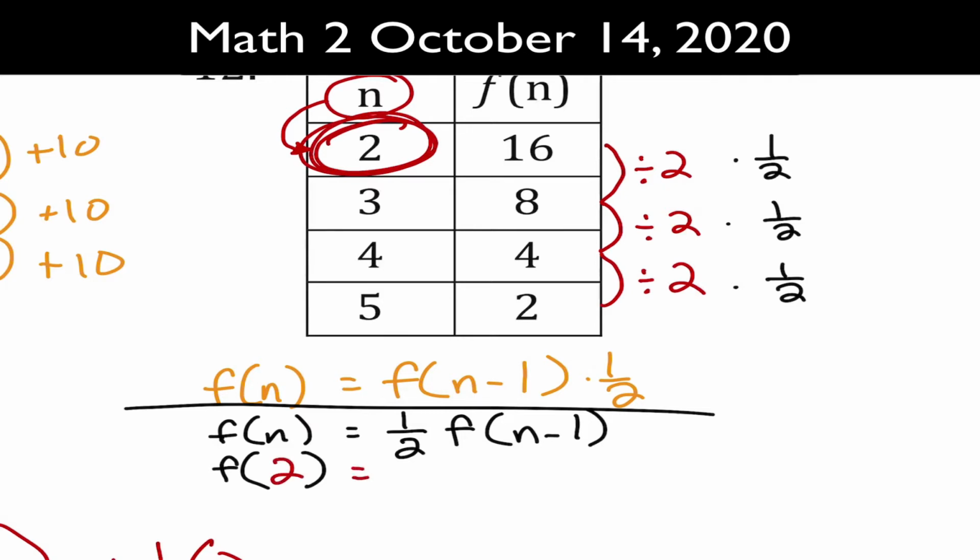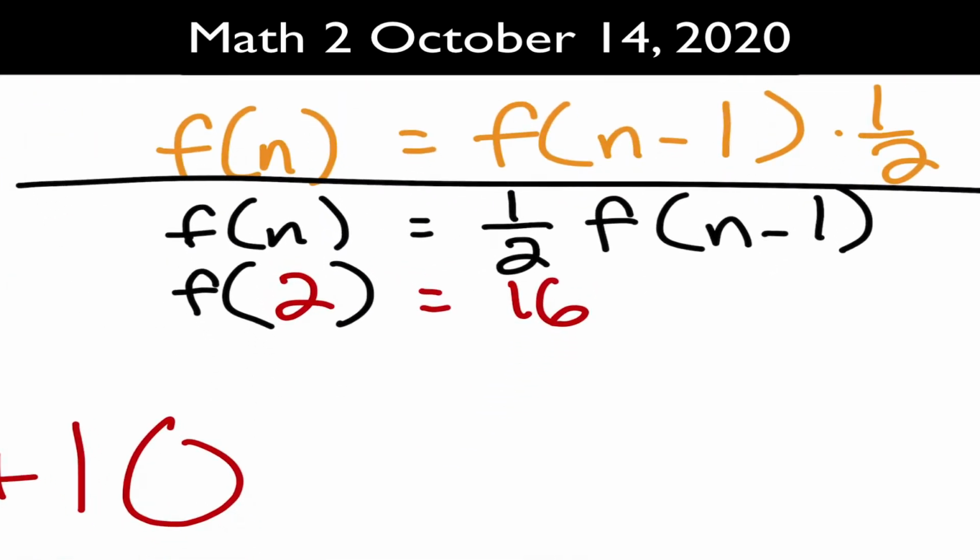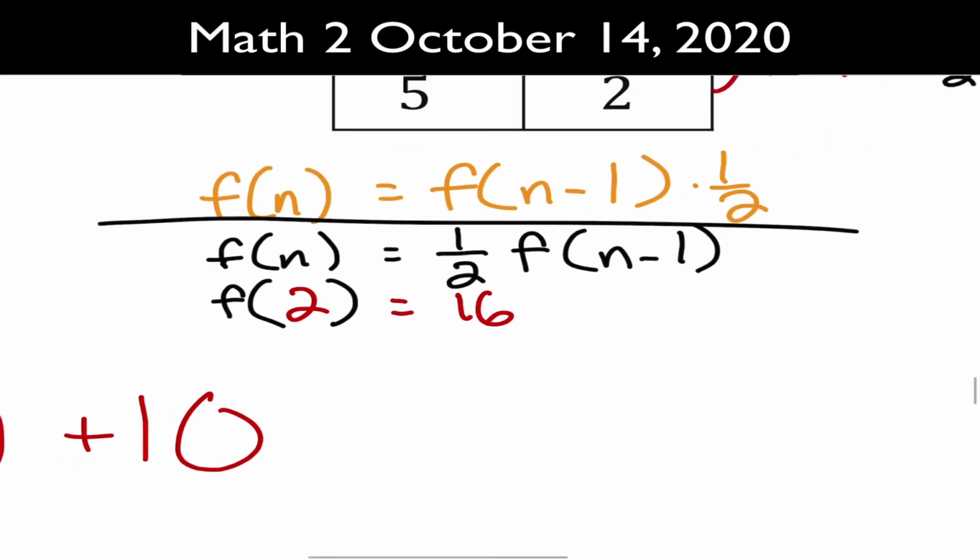So f at 2 gave me the output 16. So we should have f of n equals 1/2 f(n minus 1), and these are being multiplied, unless you had it over 2, we're dividing, and then you have f of 2 equals 16.